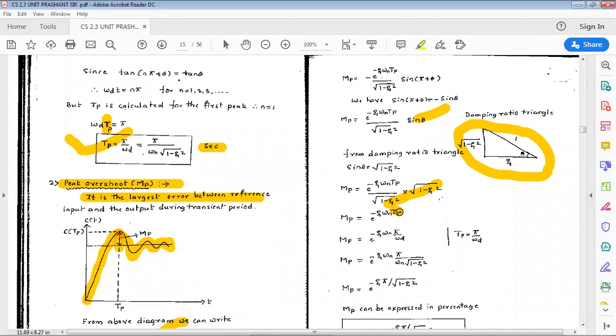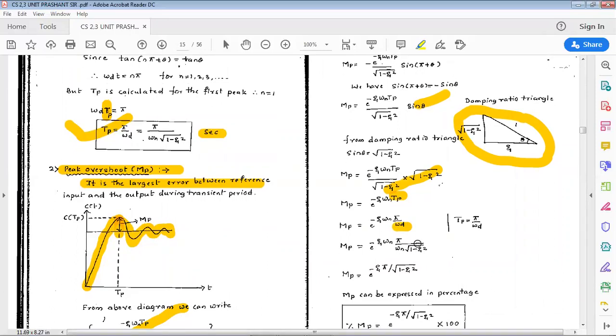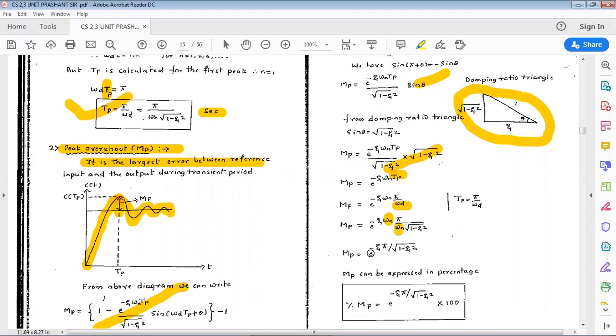But we know the value of tp, which is pi by omega d. Substituting that, in place of omega d we put omega n under root 1 minus zeta square, so this omega n will get cancelled. Therefore Mp is equal to e raised to minus zeta pi divided by under root 1 minus zeta square.